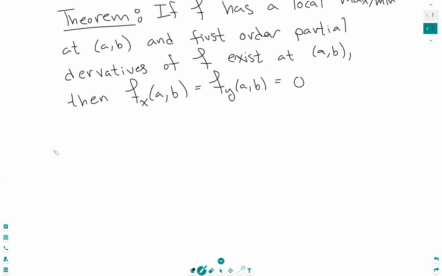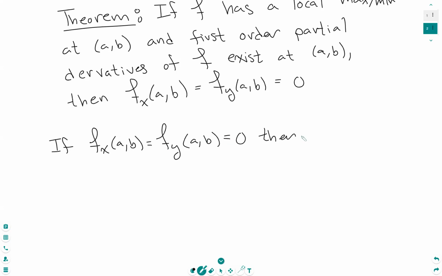So we have to kind of continue this idea here. If we have that these derivatives at the point are equal to 0, and notice that they both have to be equal to 0, not just one, then we say that the point (a, b) is a critical point.